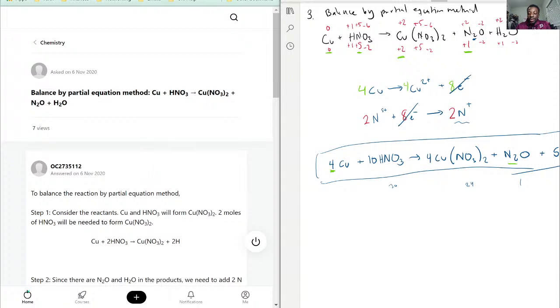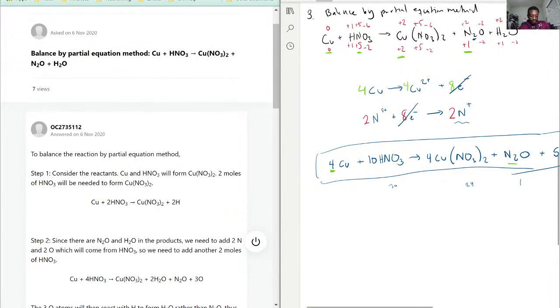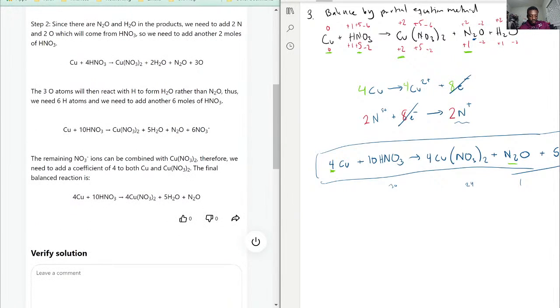That's where it happened, and because of that, we were able to get the answer to this question. So with that being said, let's see here. 4 Cu plus 10 HNO3 is equal to 4 CuNO3 plus 5 H2O plus 1 N2O. So with that, this is correct.